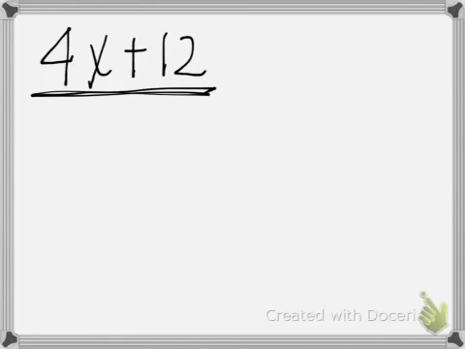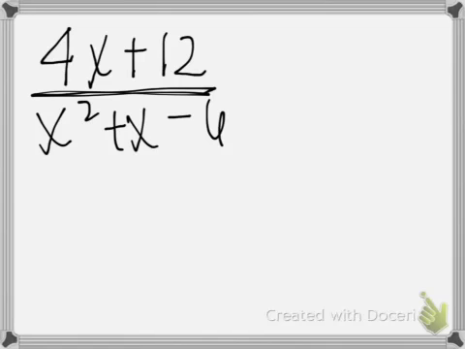Okay, so from there, we have to factor it to find our vertical asymptote. So you have 4x plus 12 over x squared plus x minus 6. You factor the top, which is divide everything by 4.